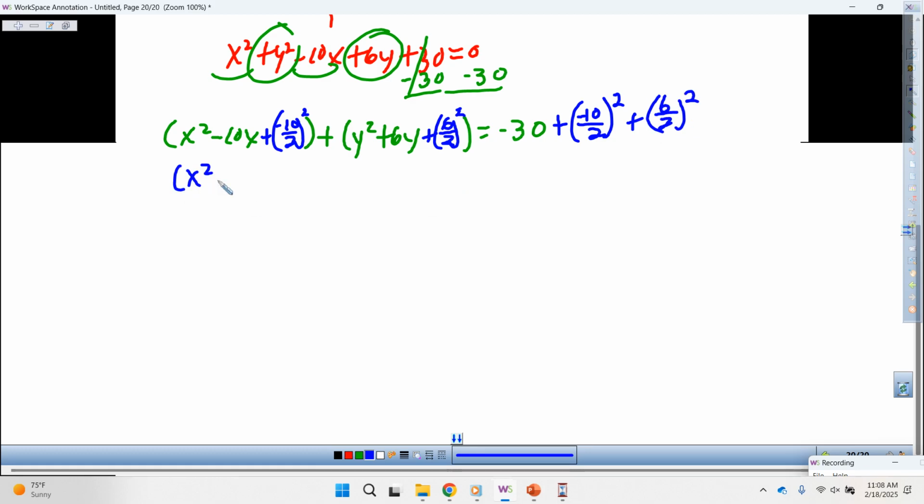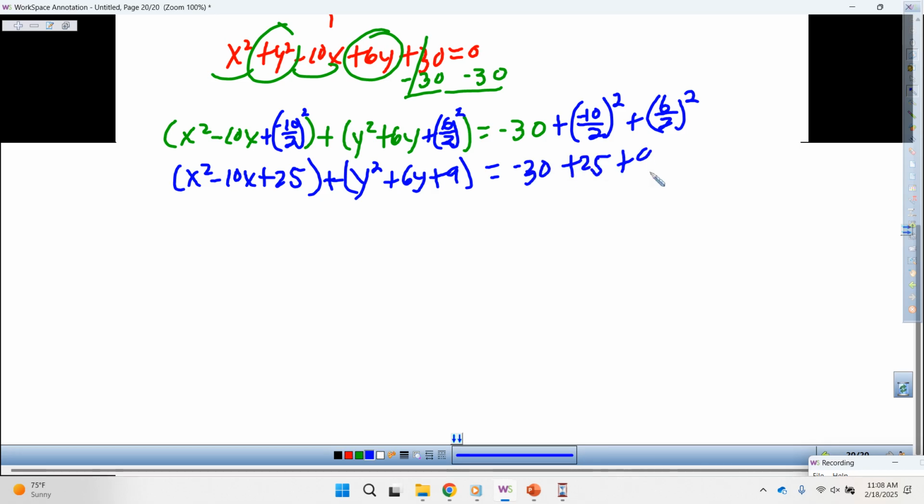Therefore, we end up with x squared minus 10x plus 25 plus y squared plus 6y plus 9 equals negative 30 plus 25 plus 9. 25 plus 9 is 34 minus 30, that is 4.